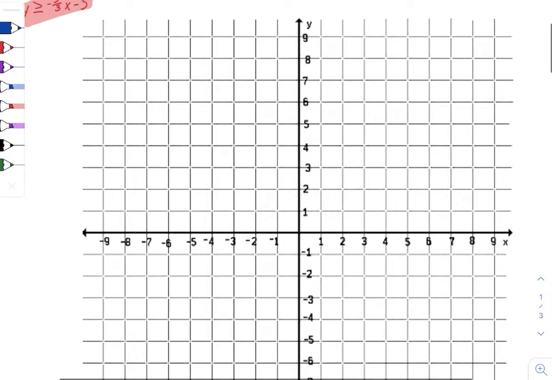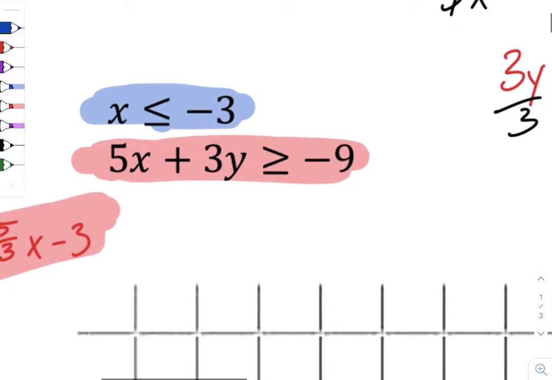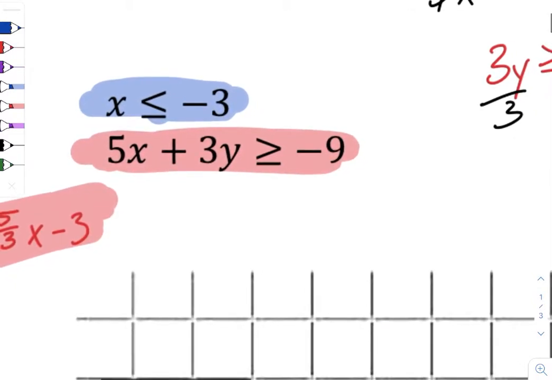Now, when I'm graphing with just x or just y, I know it's going to be horizontal or vertical. Sometimes I don't remember which one's which. So sometimes it's easier to just think about it like this. x is less than or equal to -3. I basically want to find out, hey, when is x -3?